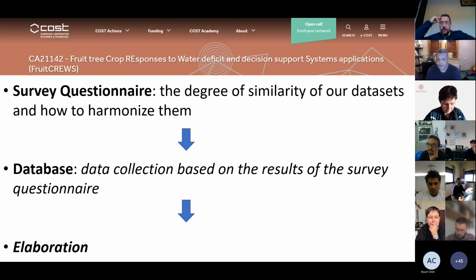The second step is, okay, now we can prepare a form to collect data, and so to have a database with data collection based on the results of the survey questionnaire, and then the elaboration of this data. So we need data, but we also need people, all of us, that are keen to analyze this data together to make different analyses.